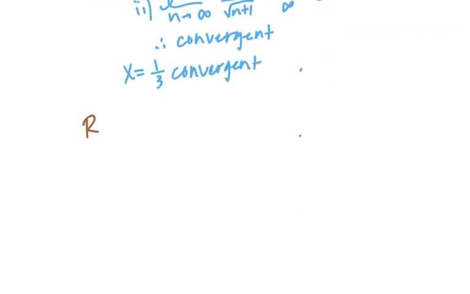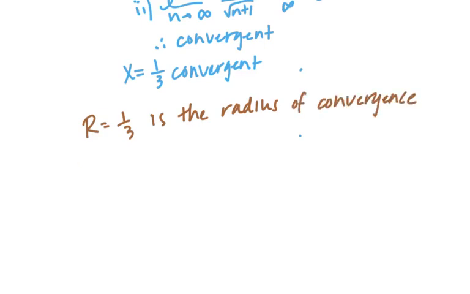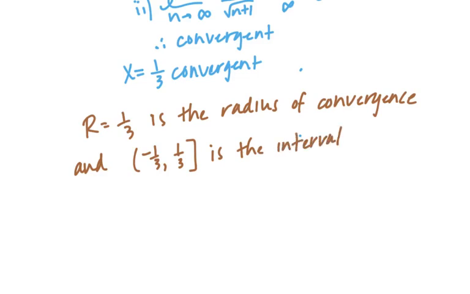And let's say r equals 1/3 is the radius of convergence. And the interval is negative 1/3 to positive 1/3. So that handles it all. I think that's all you need there.